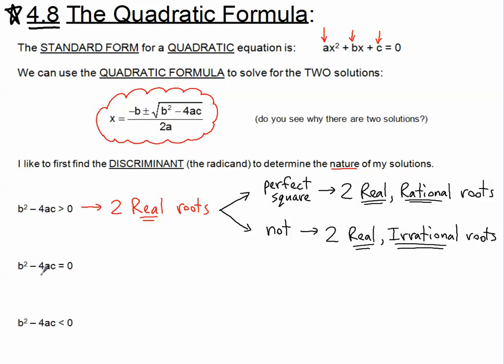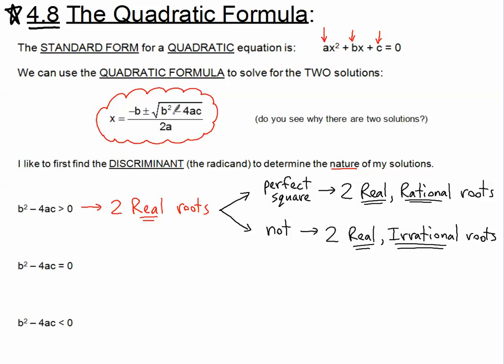What if the stuff underneath the square root is actually equal to 0? Well, if you have something that's equal to 0, you have the square root of 0. The square root of 0 is just 0. And this part of our formula basically just goes away, and we would just have the opposite of b plus 0 or minus 0. Well, that just means that we just have the opposite of b, divided by 2a.